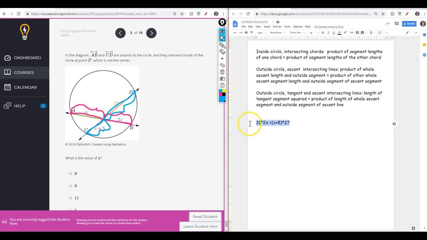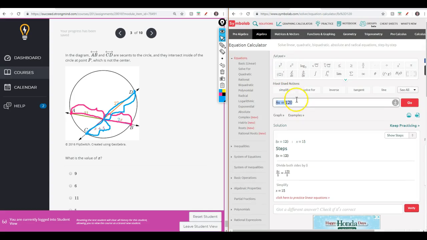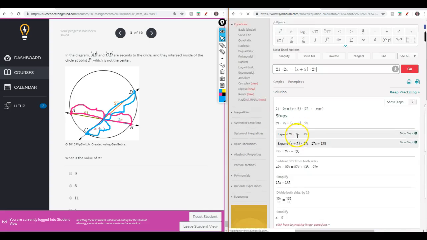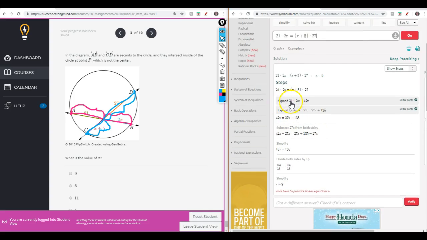So I'm going to use the algebra calculator from Symbol Lab and step through the work. Okay, so the first one it says is to expand 21 times 2x. So that's this half right here.